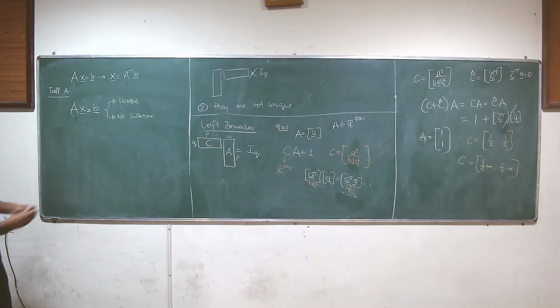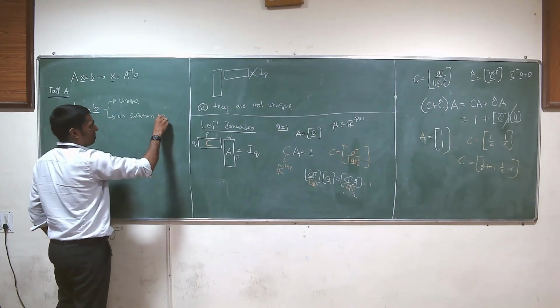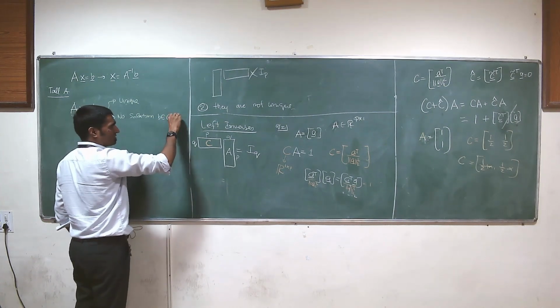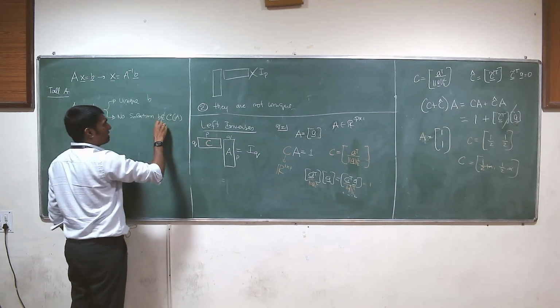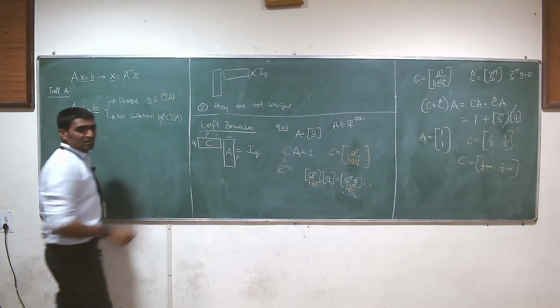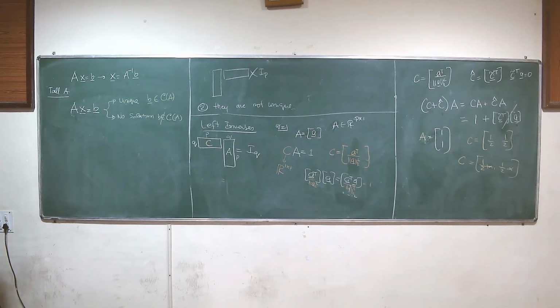The possibilities are when B is in the column space of A, or not in the column space of A. Those are the only 2 possibilities.